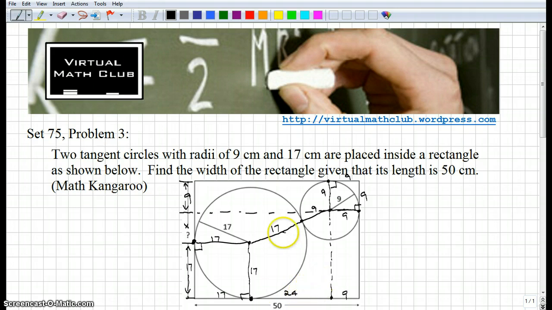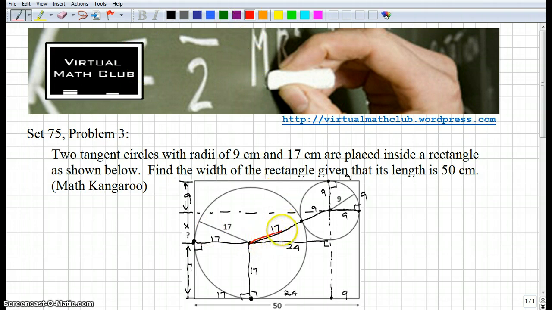Let's move that line up here actually. This is all perpendicular, so I can move this line up here. These are all perpendicular to each other, so this is 24 as well. Now I'm seeing a triangle. Let me pick up a red pen here.